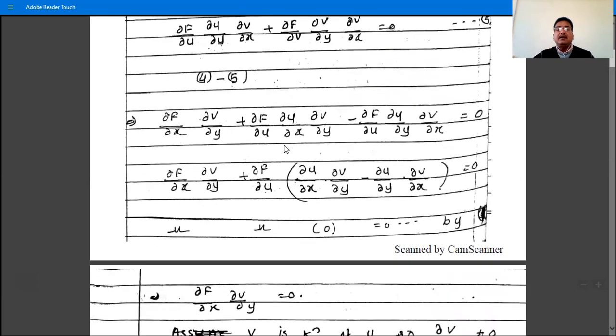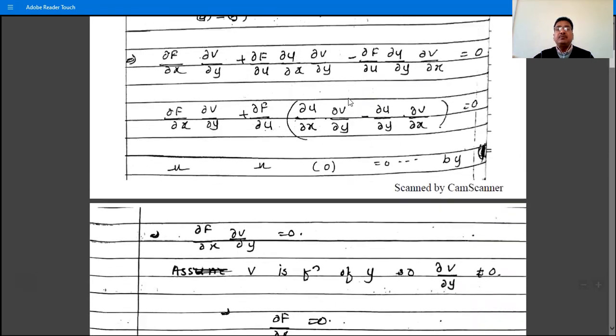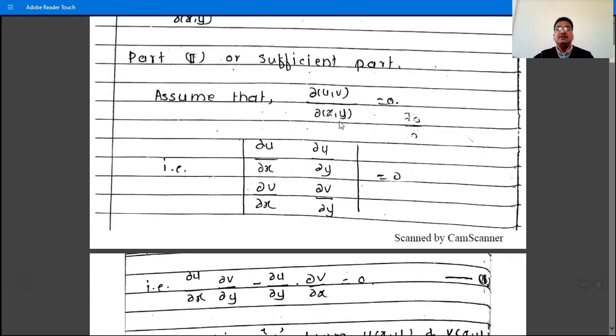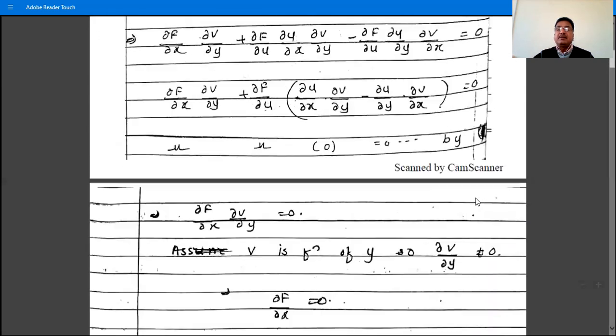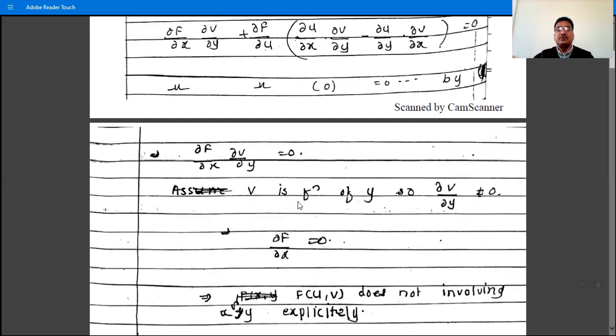Then take ∂f/∂u as common from the last two terms. So we have this, and the value of this bracket is 0 by using the assumption. What is our assumption? The assumption is that this determinant is 0, so by equation number 1, the value of this bracket is 0, and therefore we have the answer ∂f/∂x ∂v/∂y = 0.